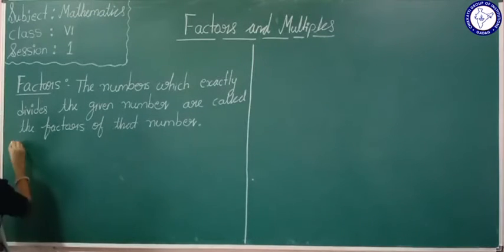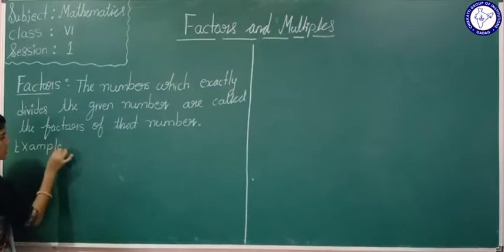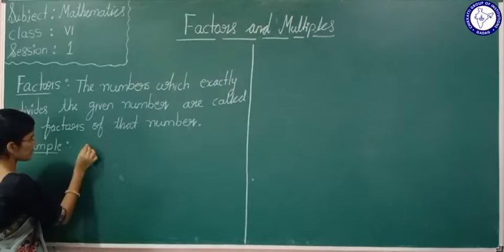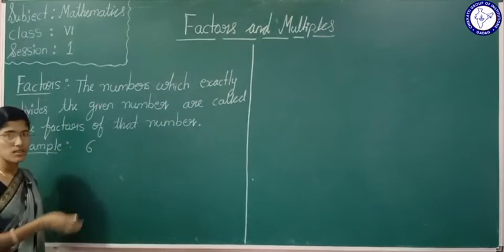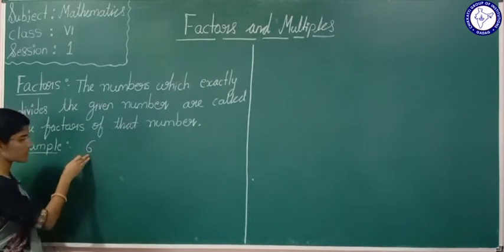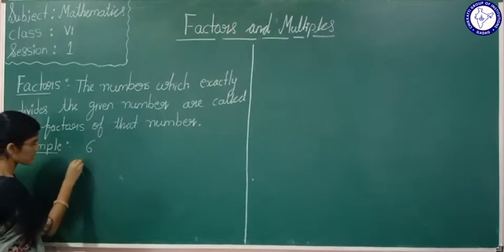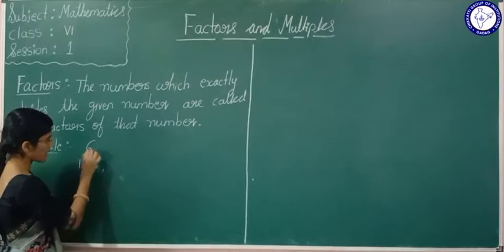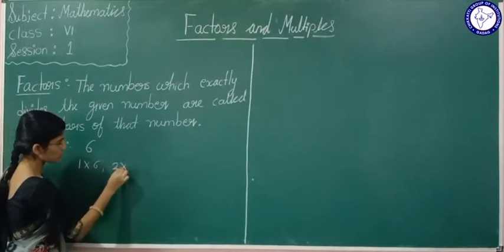Now see, students, what is the definition telling? Listen here. I will consider the number 6, right? How can this 6 be written? This 6 can be written as 1 multiplied by 6, right? Again it can be written as 2 3s.